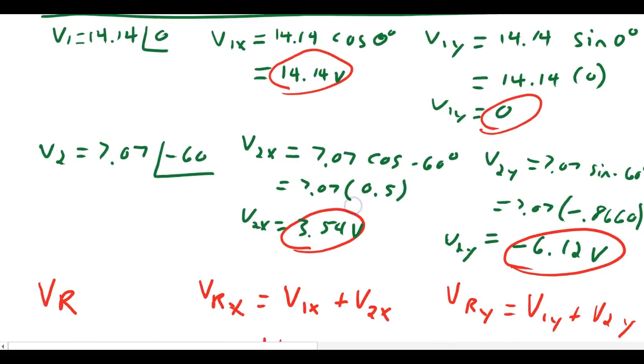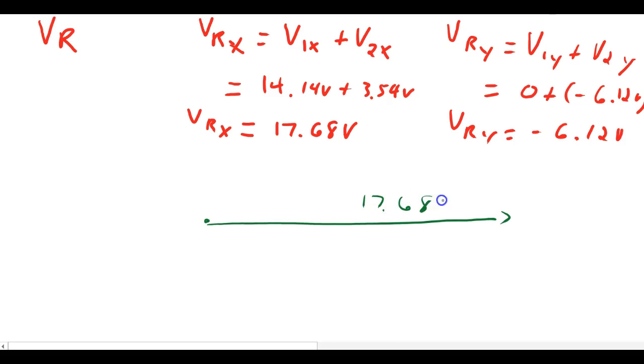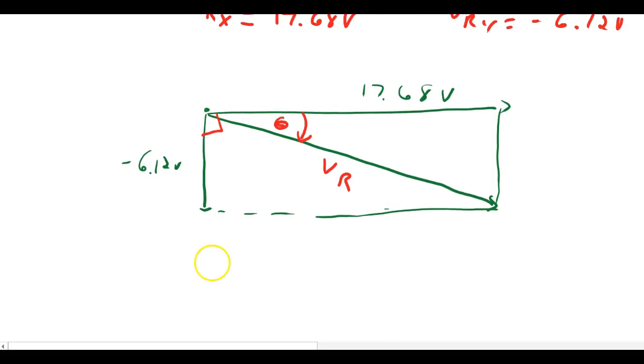So now, if we take these two and put them on a diagram, we have the x component of the resultant, 17.68 volts, and the y component of the resultant, negative 6.12 volts. We can use that to plot our resultant, which gives us VR at an angle theta. Remember that this is a right angle right here, so Pythagoras' theorem applies to the triangle we have produced.